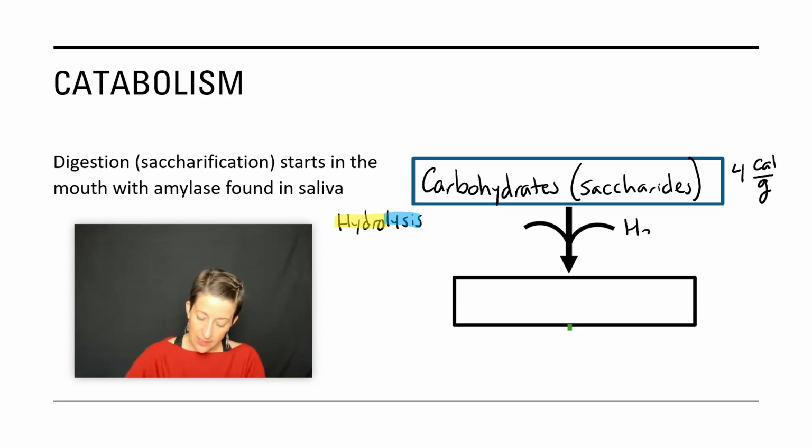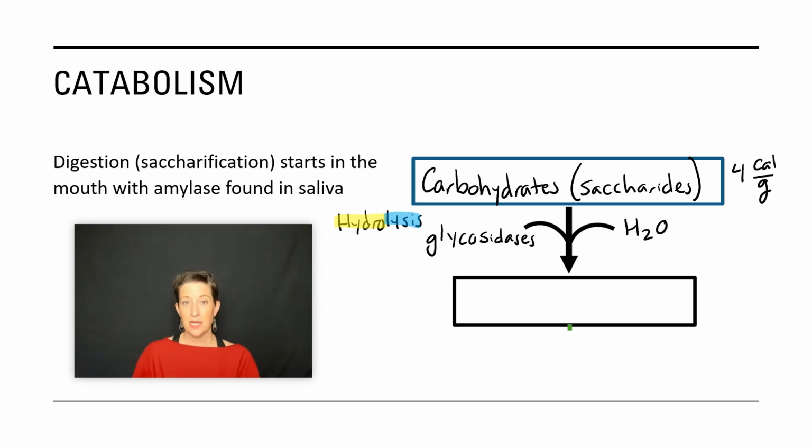Our saliva is mostly made up of water, but we are going to have enzymes in there. I'm just going to give you the broad category of what these enzymes are called. And amylase is very specific to break down amylose.